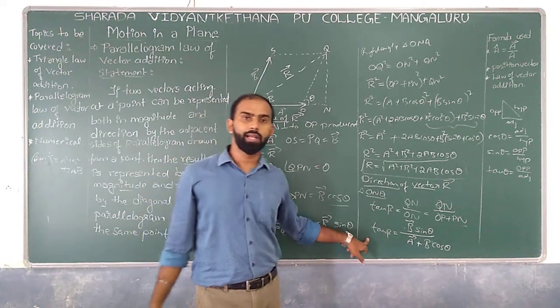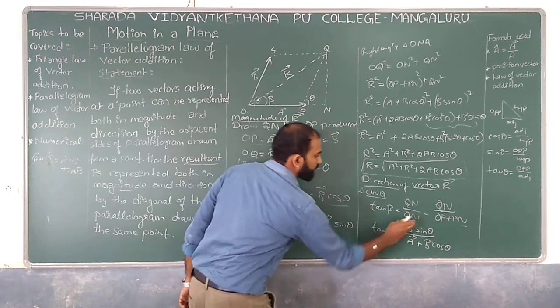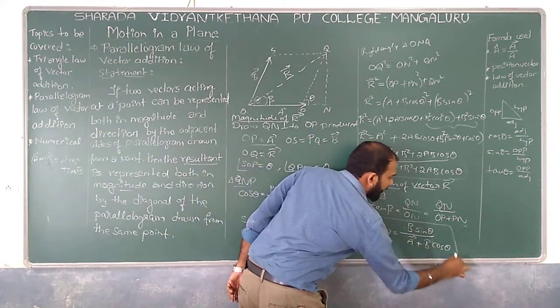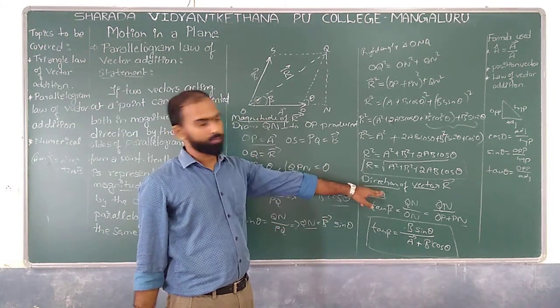This is what exactly we can find, that is tan beta. So this is called the direction of the resultant vector.